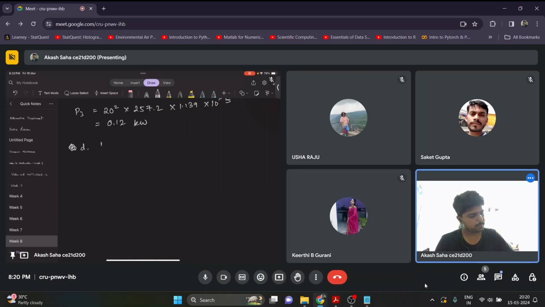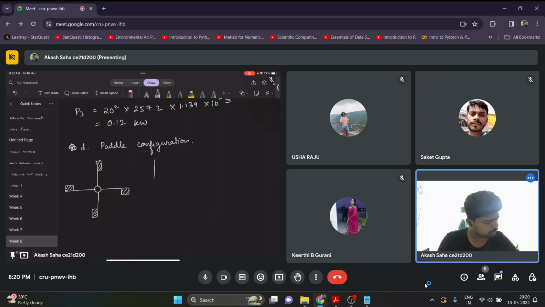So now my paddle configuration. Suppose this is my paddle. I will make a larger picture now. So this is my paddle, and if I see it from the other direction, it will look like this.